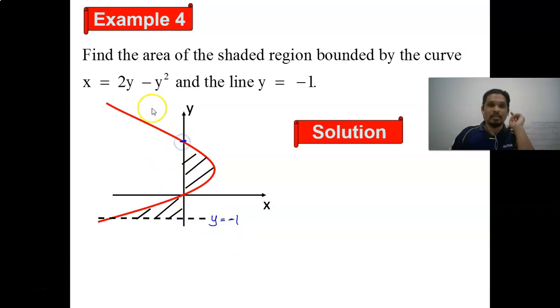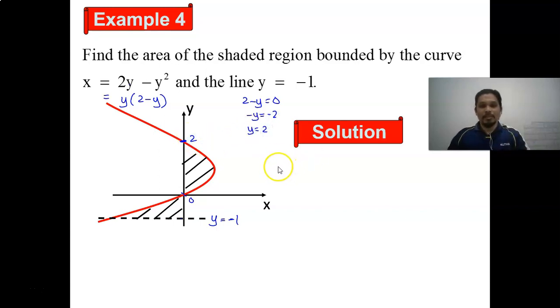From here, y and 2 minus y. So y equal to 0, and 2 minus y equal to 0, then negative y equal to negative 2, then y equal to 2 here.